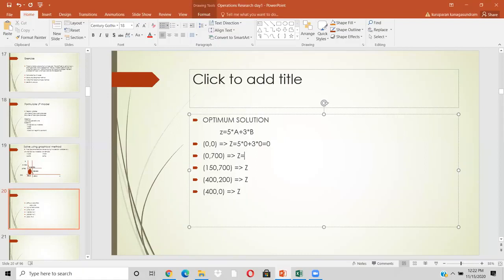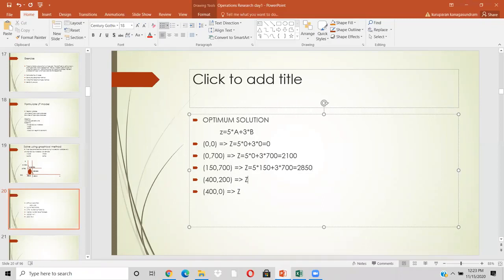That's 0. Plus 3 times what is the value for B? That's 700. That's equal to 2100. Okay. Similarly, this one, 5 times how much? 150 plus 3 times how much? 700. That's equal to 5 into 150 is 750 plus 2100, 2850. Okay.